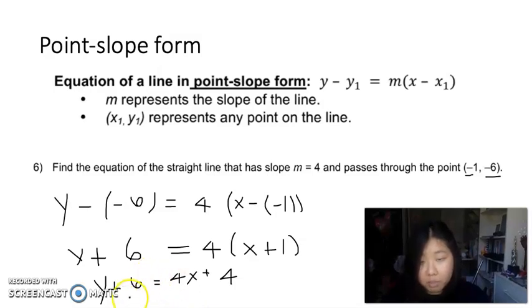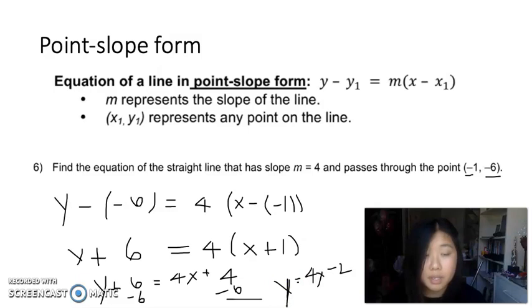And then I'm going to bring the 6 onto the other side to get y equals 4x minus 2. And if you notice here, we have turned an equation from point-slope form into slope-intercept form. So they're interchangeable.